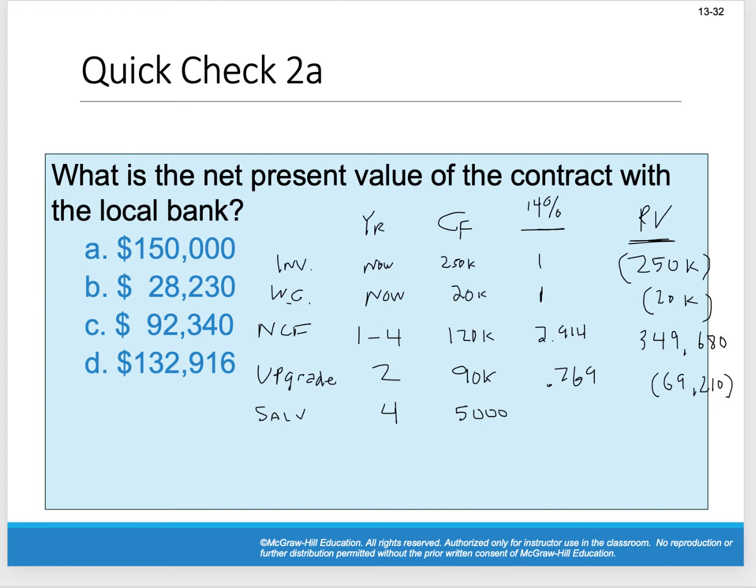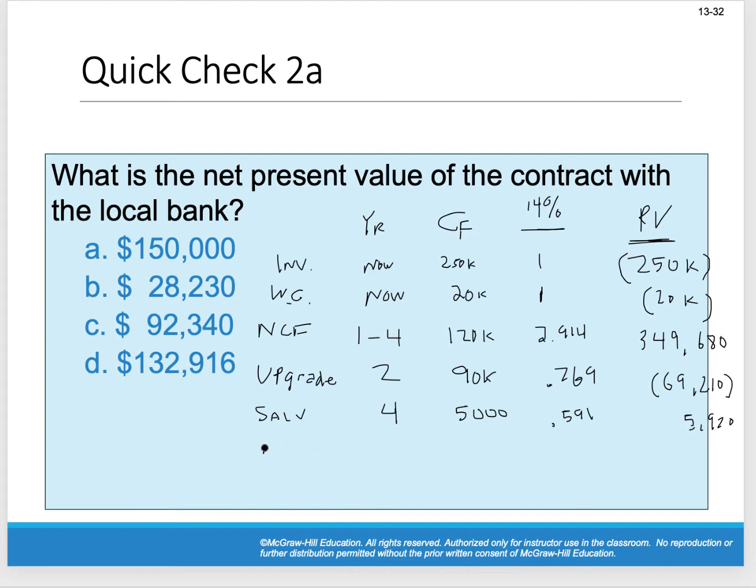So I'm going to put that in. 0.591, and that ends up being 2,955. It's positive, it's an inflow, so I don't put it in parentheses.